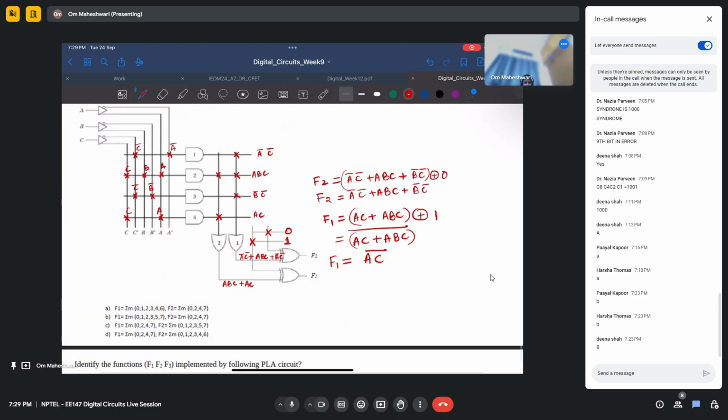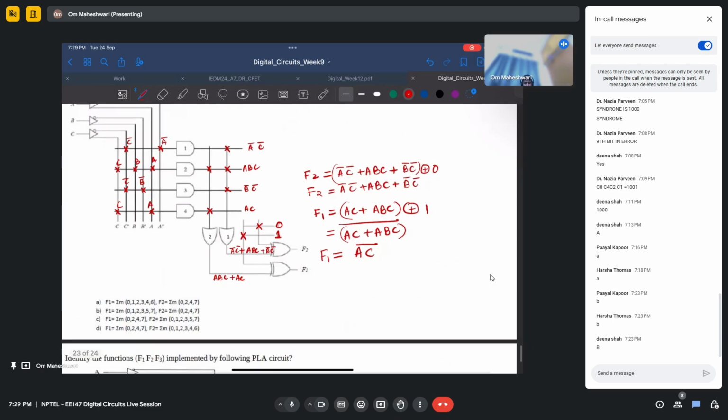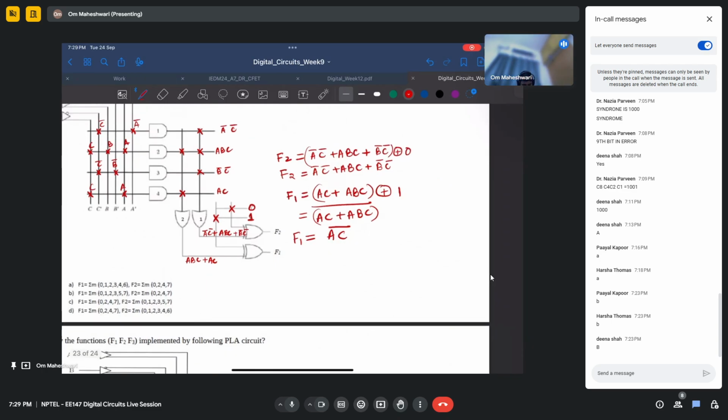Okay. Now I have to tell in terms of min terms. So what you can do, maybe if you're not able to solve it directly, you can make a 3 variable K map and then try to solve it. A bar plus C bar. Okay.